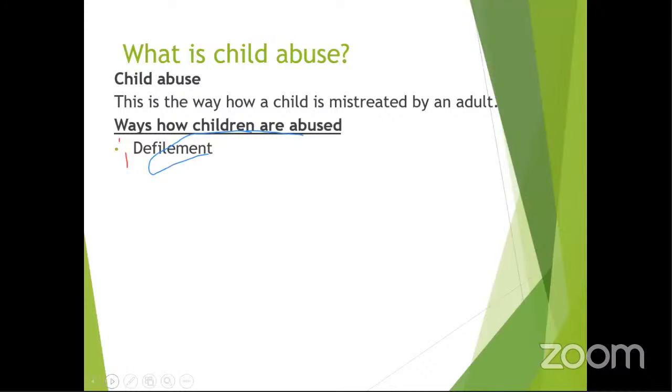A young person who is below the age of 18 is involved in a sexual act. That child has been abused. I know when you continue up to P6, you'll get to know more and more about issues of defilement and the other things.